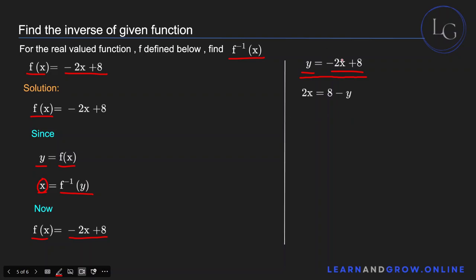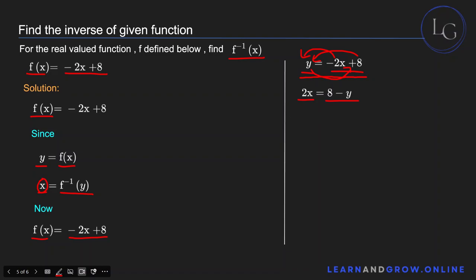So you isolate x. First you take this 8 to the left hand side, so it becomes 8 minus y, and that is equal to 2x, right? Actually, you take this 2x to the left hand side and take this y to the right hand side.